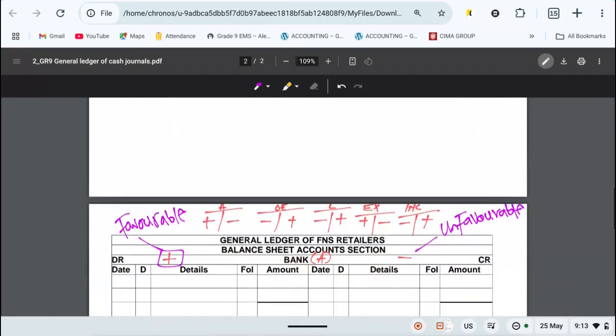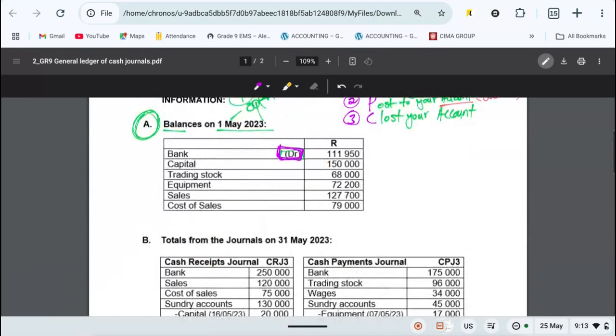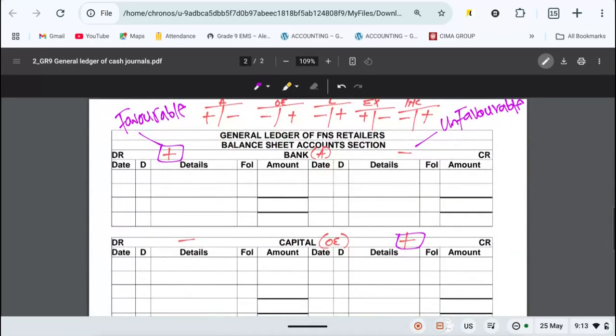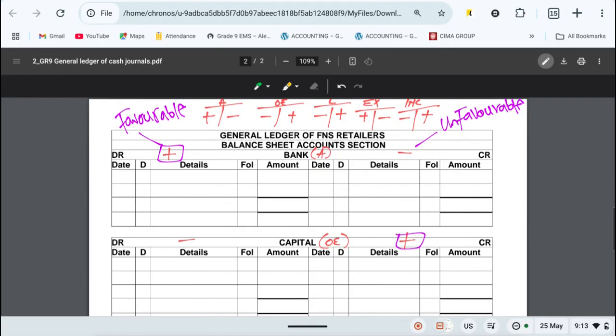So let's put the balances in. For bank, it's 111,950. But before we input the balances, I just want you to look at something here. Remember, we have balance sheet accounts. Can you see this?